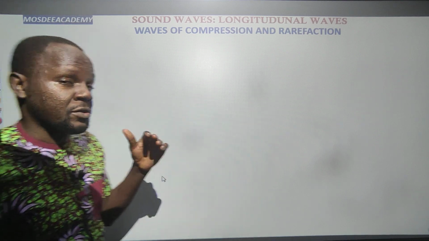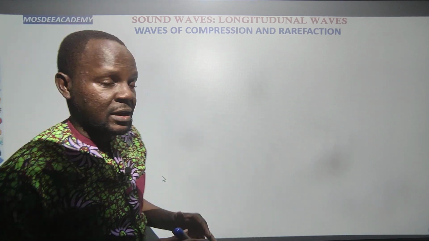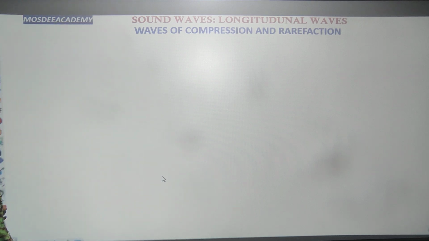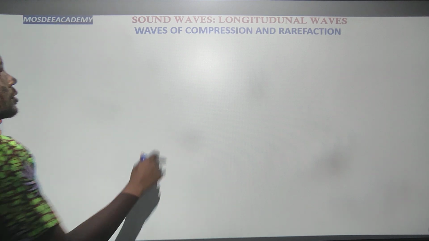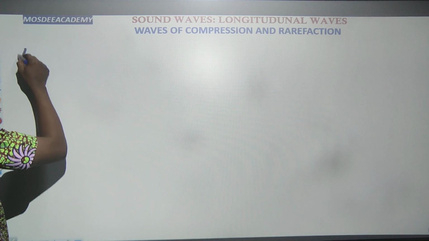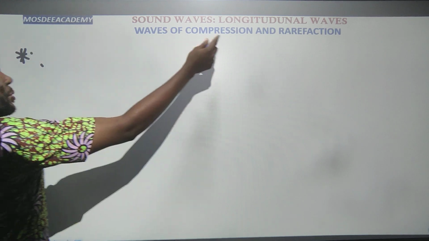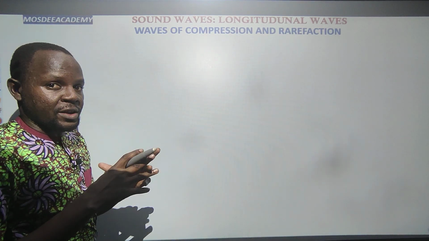Now, based on the propagation of sound, there are some factors that affect the speed of sound. In junior classes, we might have studied that sound waves are formed as a result of compression and rarefaction, that is compression and expansion.